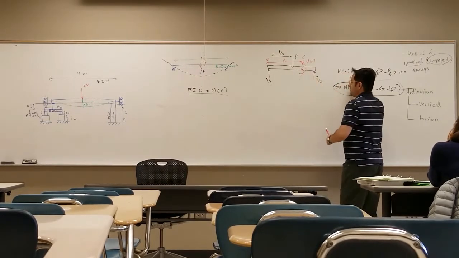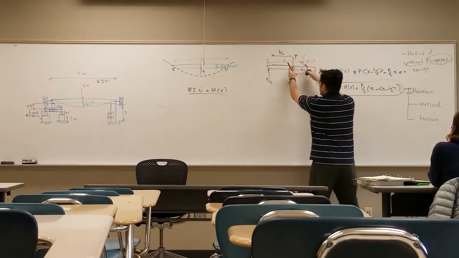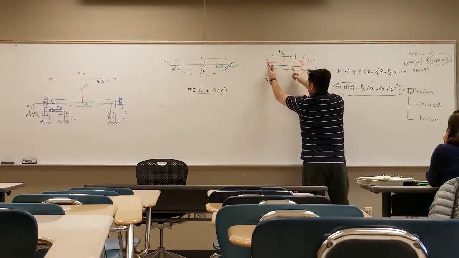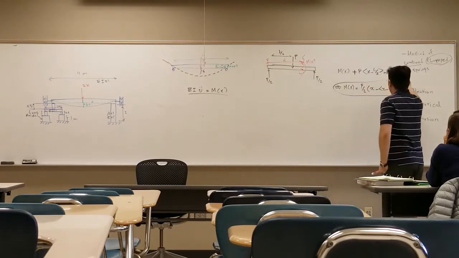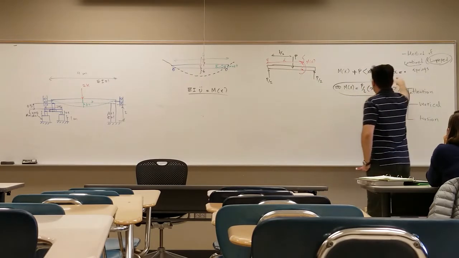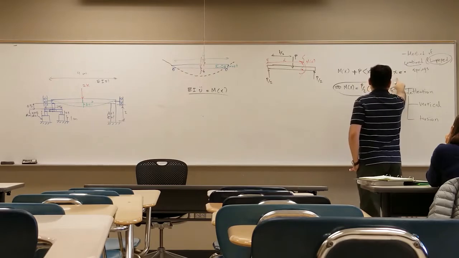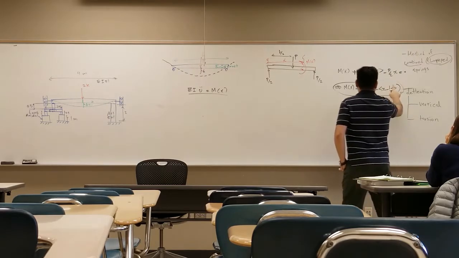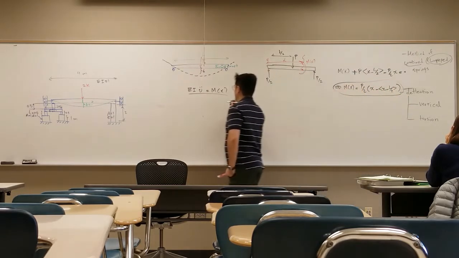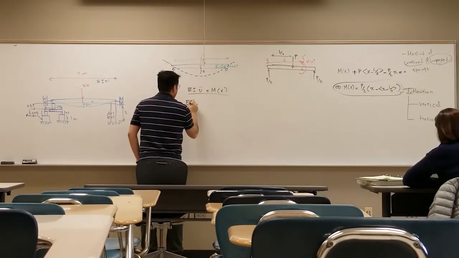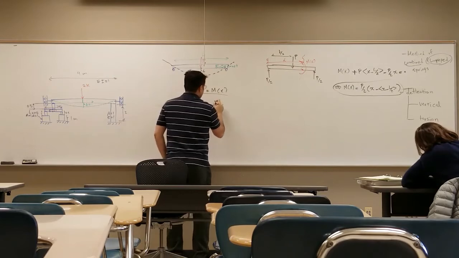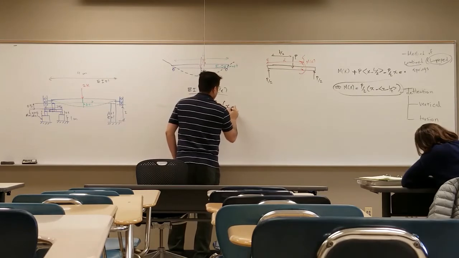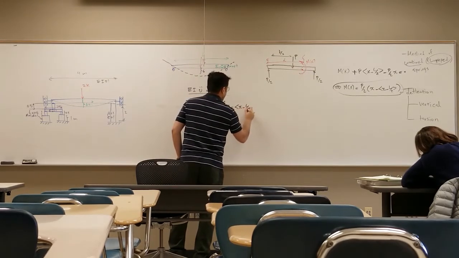We get M(x) plus P times this distance, which is x minus L over 2, minus P over 2 times x is equal to 0. So you take everything to the right, P over 2 x minus P times (x minus L over 2). So put it here. Then you have EI v double dot equal to P over 2 x minus P times (x minus L over 2).